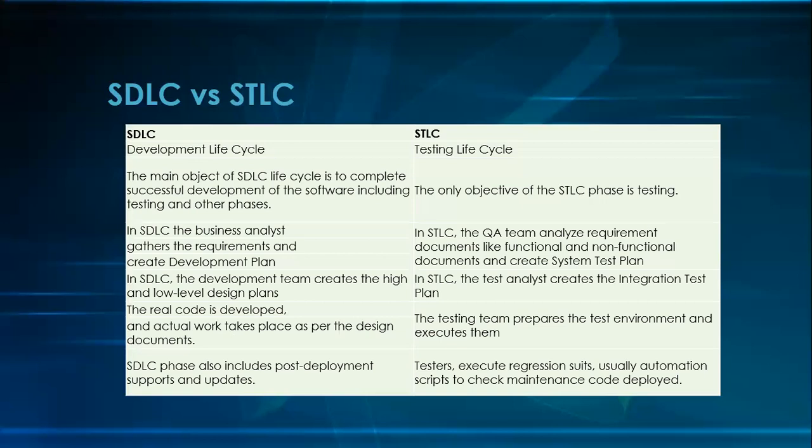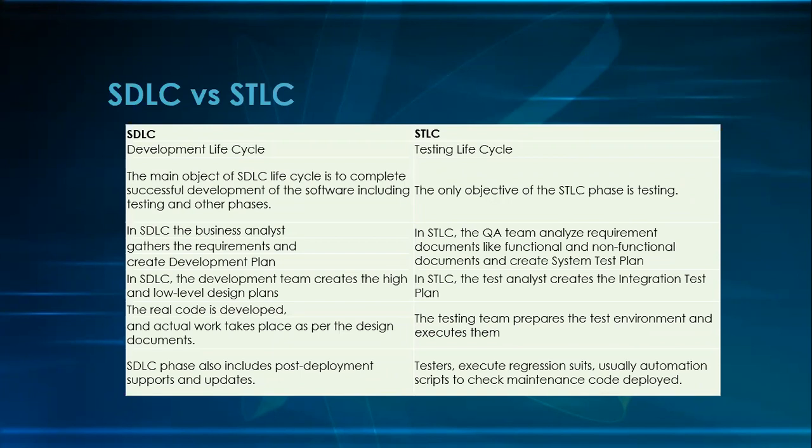The real code is deployed and actual work takes place as per the design document. In STLC, the testing team prepares the test environment and executes the tests. Then the SDLC phase also includes post-deployment support and updates.